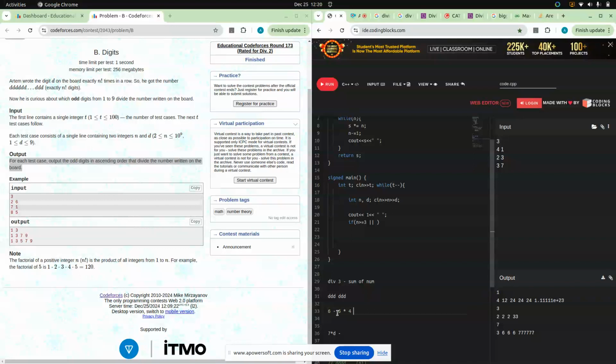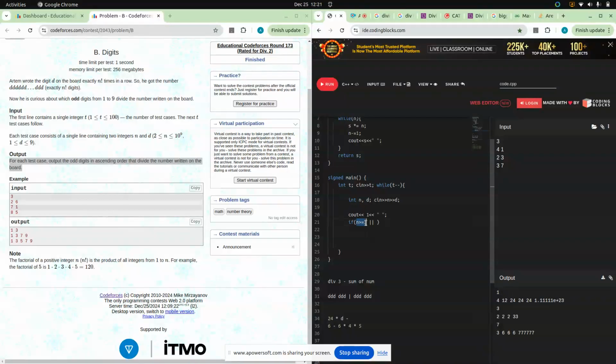So 6 is always going to be a part of the number, be it as big as anything. So the number cannot be 7. After having 6, the number will become 24, which is nothing but 6 written 4 times. So it will be 24 into d, the sum of the whole thing, because that's what we are concerned about when we are talking about the divisibility rule of 3.